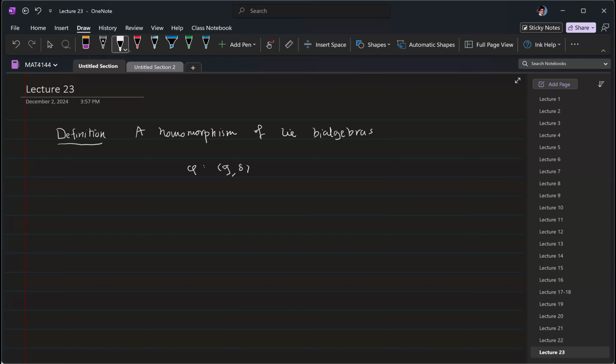Remember, G is the Lie algebra, delta is the dual of the bracket, to H delta, and I just write delta sub G and delta sub H to distinguish the two deltas.